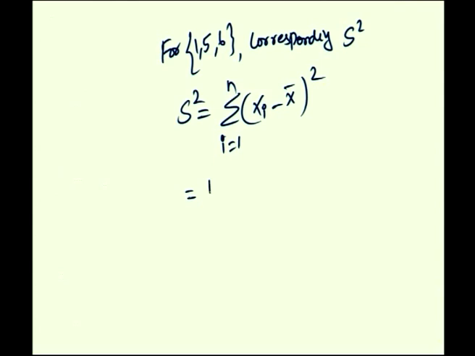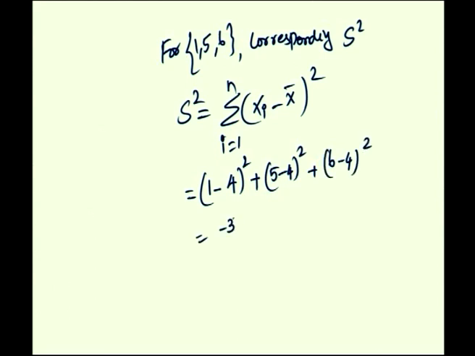Just take 1 minus the corresponding x bar in the 1, 5, 6 combination, which is 4. So 1 minus 4 whole square plus 5 minus 4 whole square plus 6 minus 4 whole square, which is minus 3 whole square plus 1 square plus 2 square.